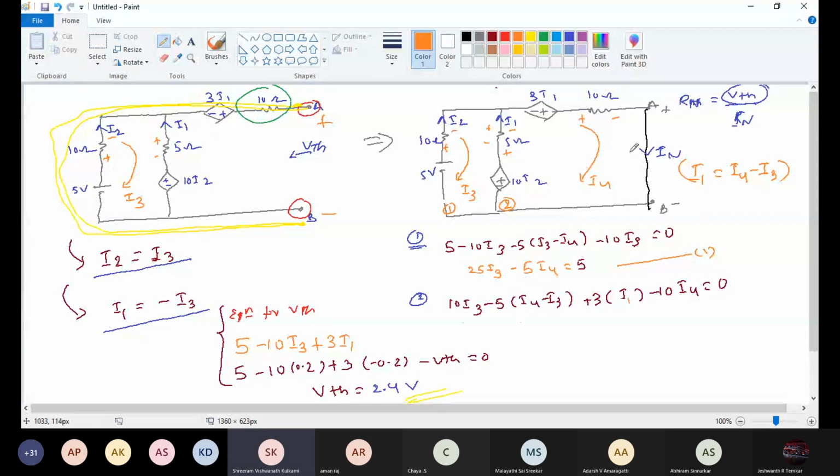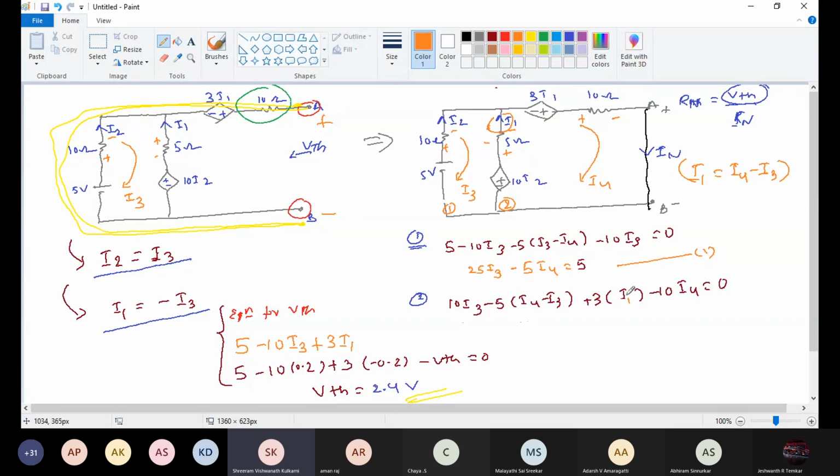I didn't mention this one. Here I short circuited this one to calculate the IN. I1 and I4 are in the same direction, so I4 minus I3 is opposite direction of I1. So I1 equals I4 minus I3.